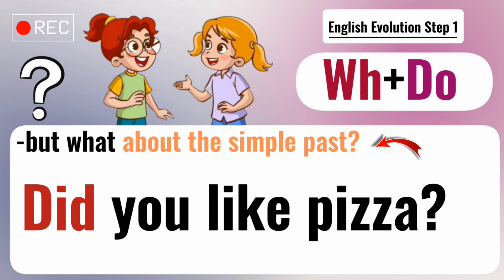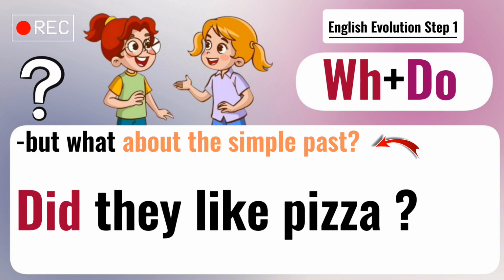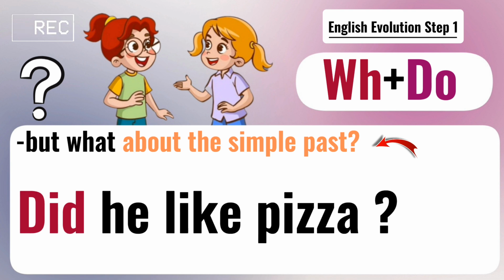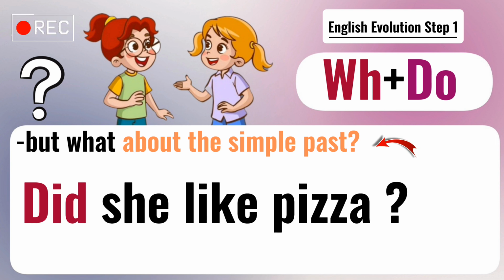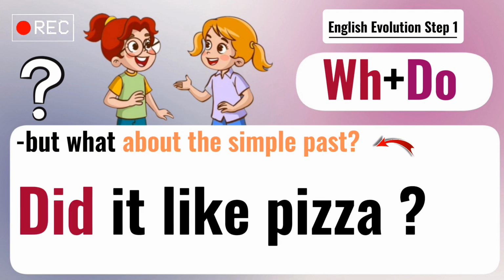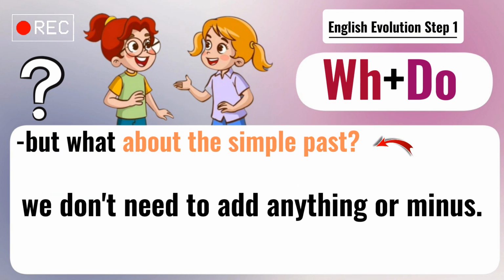Did you like pizza? Did they like pizza? Did he like pizza? Did she like pizza? Did it like pizza? You see, we don't need to add anything or minus.